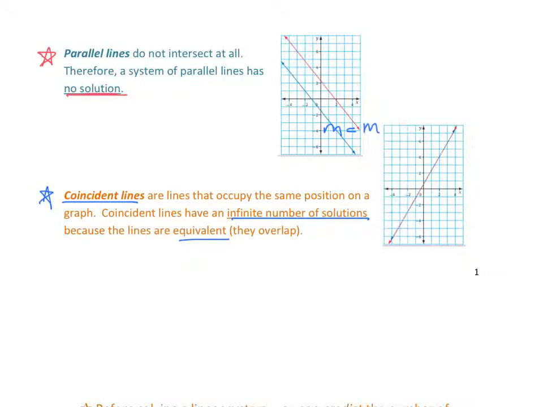If we look at the graph in this example, we have a red line and a blue line, and the blue one is directly on top of the red one. Because they're the same line, they have the same slope, and all the points on each line are on the other line. Any point on these lines is considered a solution because it would make either equation true.